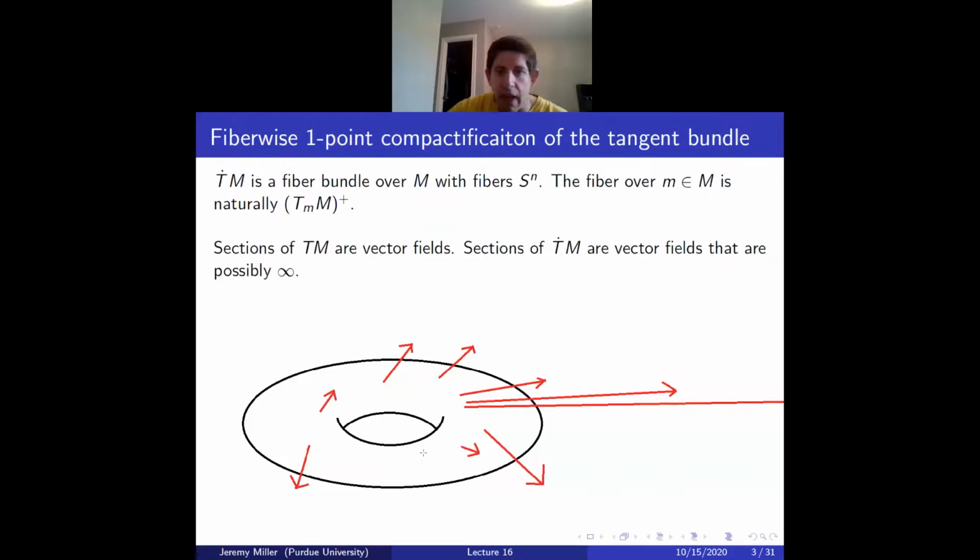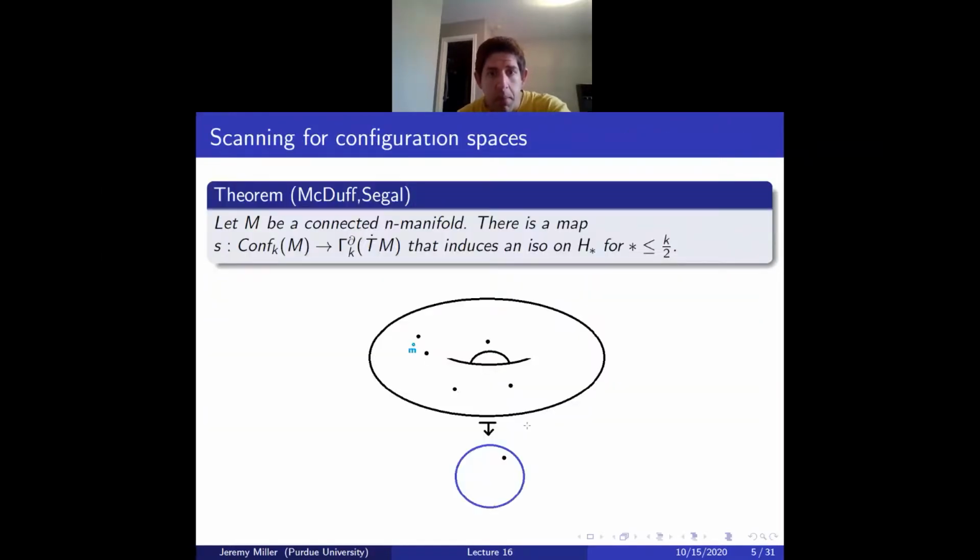But you need to count this correctly. And I'll give you a rigorous and homotopy theoretic way of how to count zeros of this section correctly.